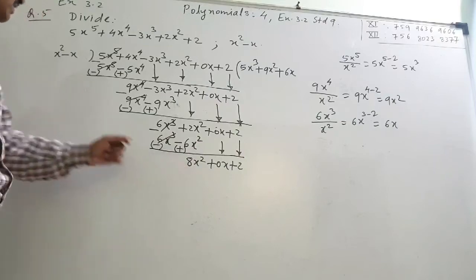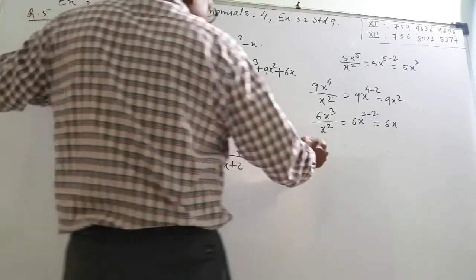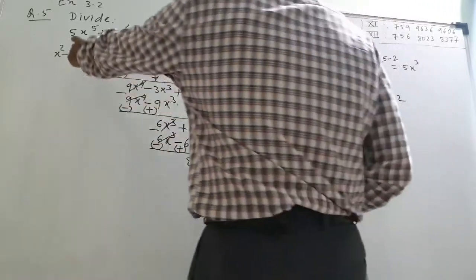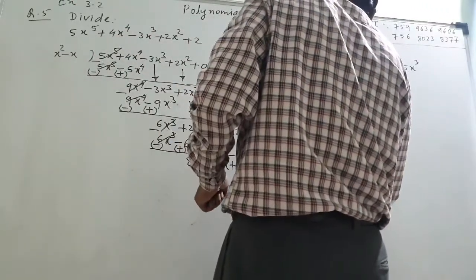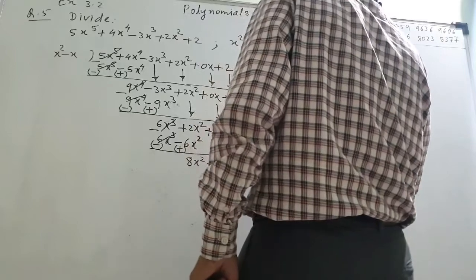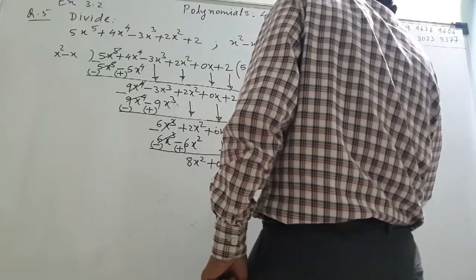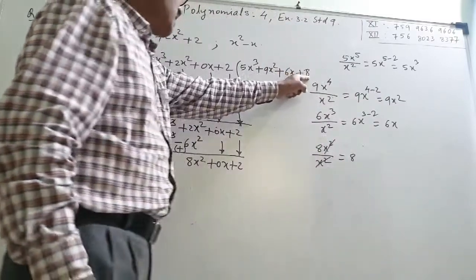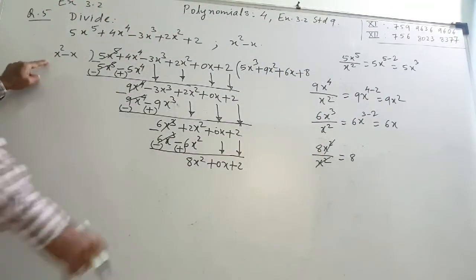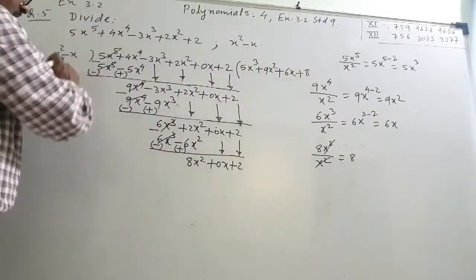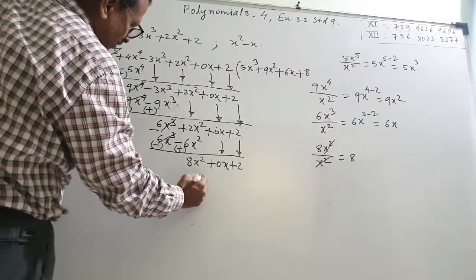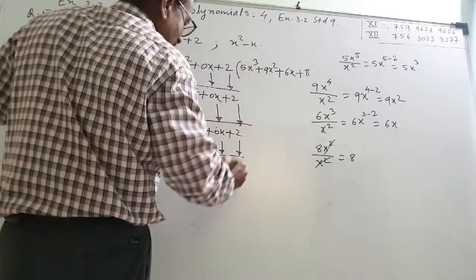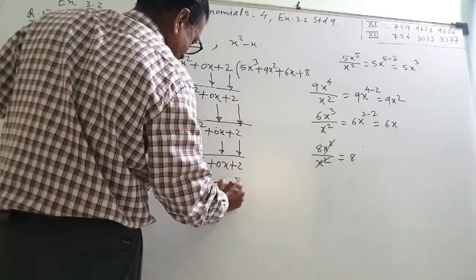Now this first and this first. This first is 8x square upon this first is x square. This x square cut, and that is equal to 8. So plus 8. Now by this 8 I will multiply this. 8 into x square is 8x square, minus x into plus 8 is minus 8x.